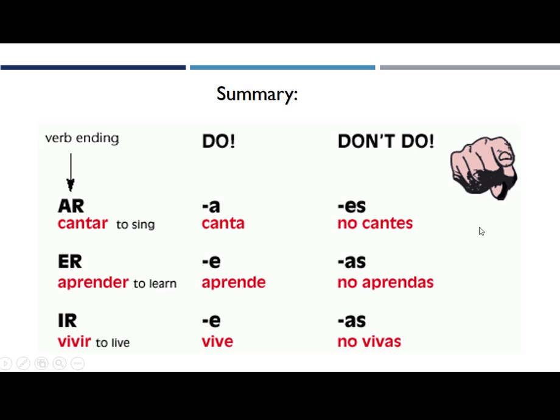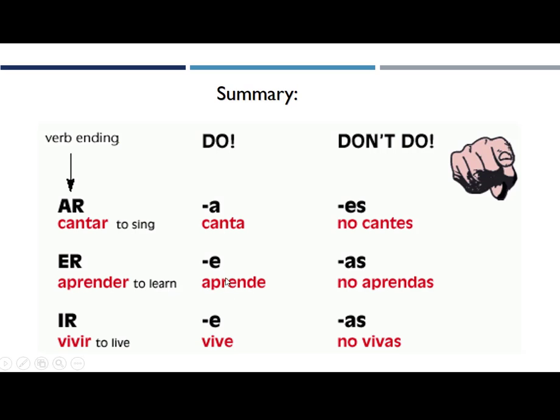If you want to say that in negative, you need to follow those little steps. Yo form is canto, drop the O, cant, and then we're going to add es and put a no. No cantes. Don't sing. I don't like how you sing, so stop it. Don't sing. No cantes. Aprender, an ER verb. So the third person is going to be aprendo, aprendes, aprende.